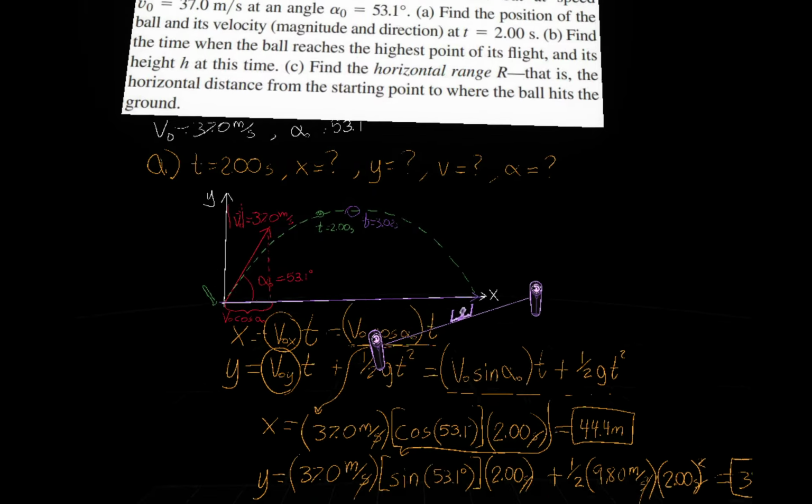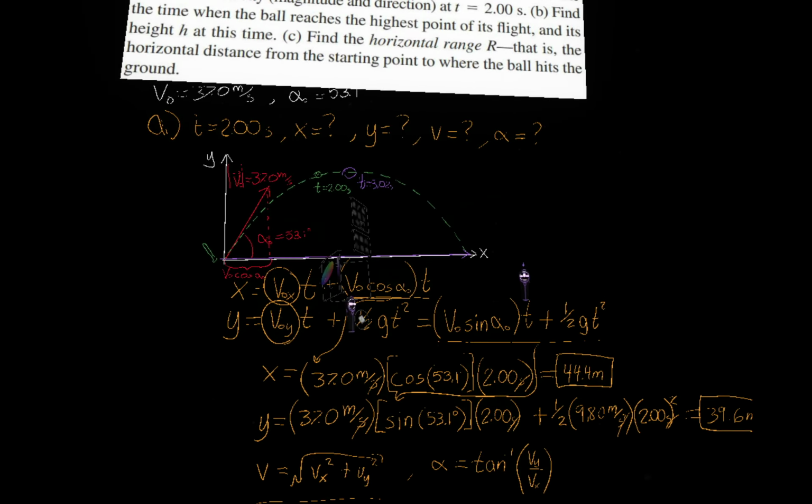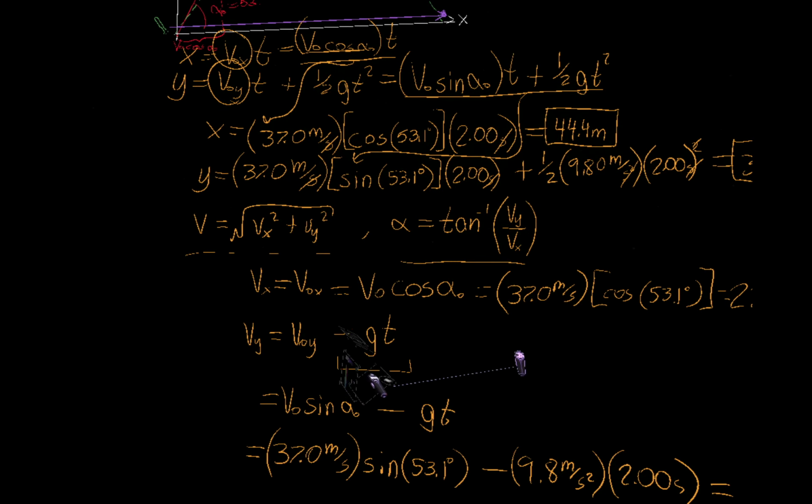Horizontal range, that is the horizontal distance from the starting point, that's the origin here, to where the ball hits the ground. Well, what does that translate to in our symbols? Isn't that just the value of x, right? The value of x at this point here. So if we can find x, let's go all the way back down to our new space.